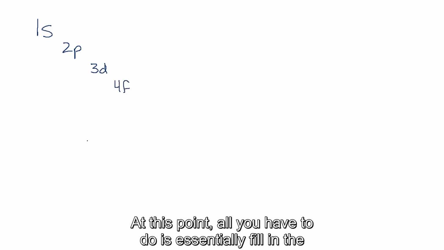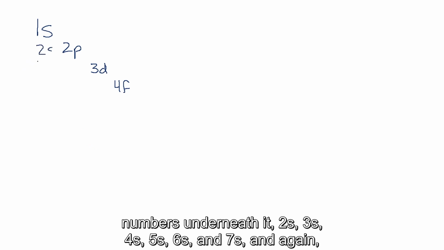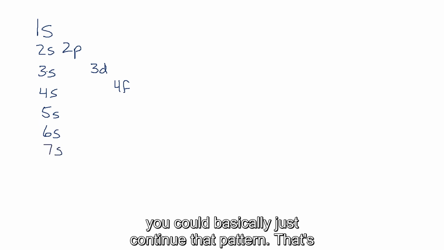At this point, all you have to do is essentially fill in the numbers underneath it. 2s, 3s, 4s, 5s, 6s, and 7s. And again, you can basically just continue that pattern.